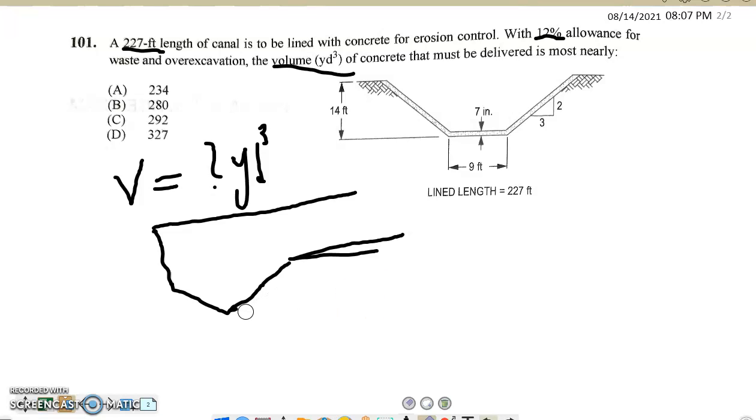Let's say the line goes straight like that, and at the bottom one goes straight like that. So they're telling us that this is 227. That's what the question is telling us.